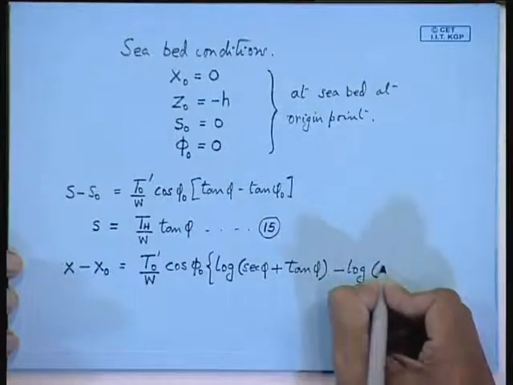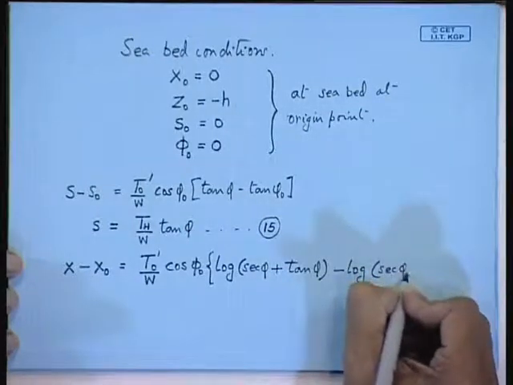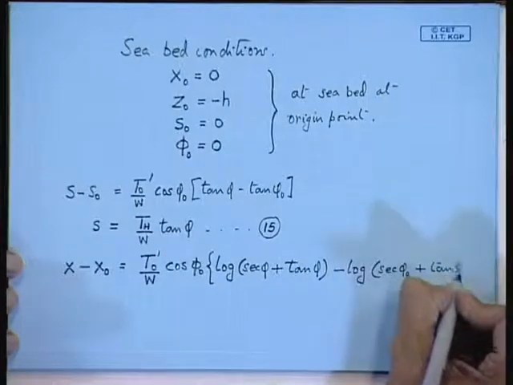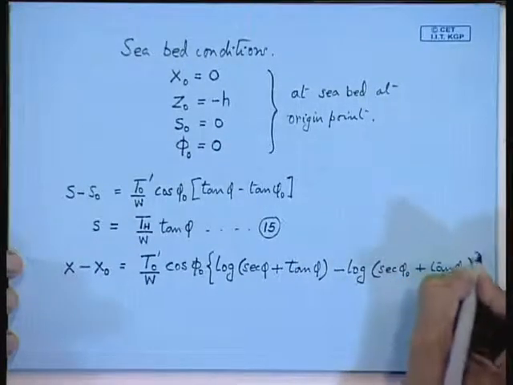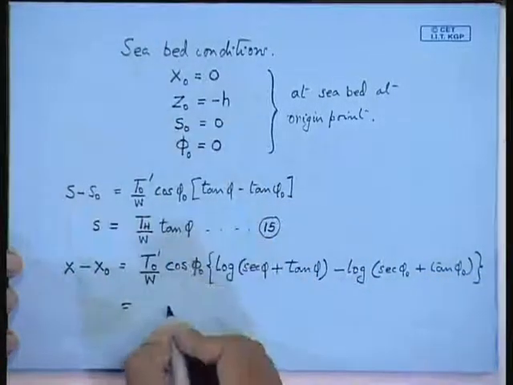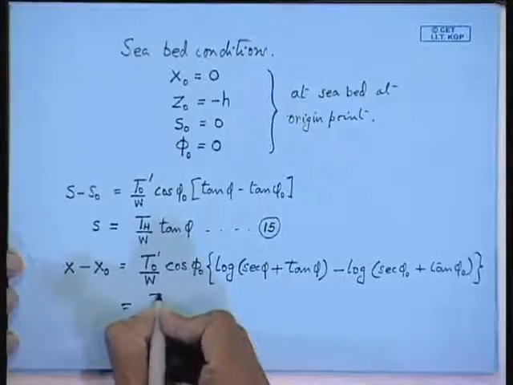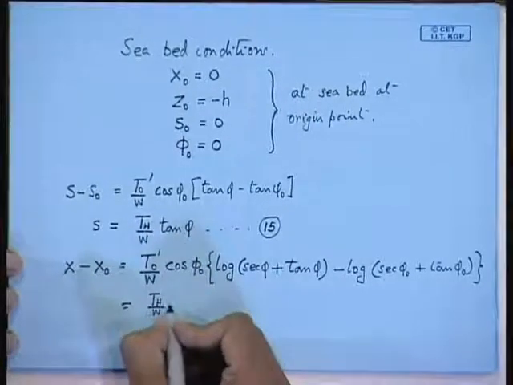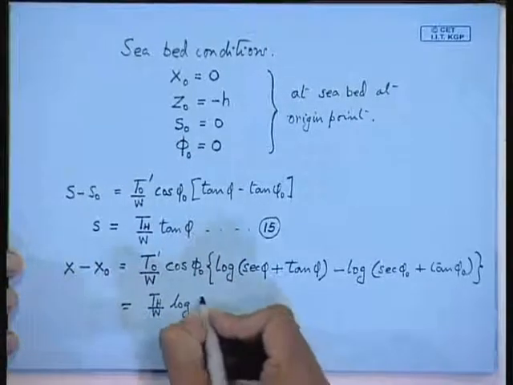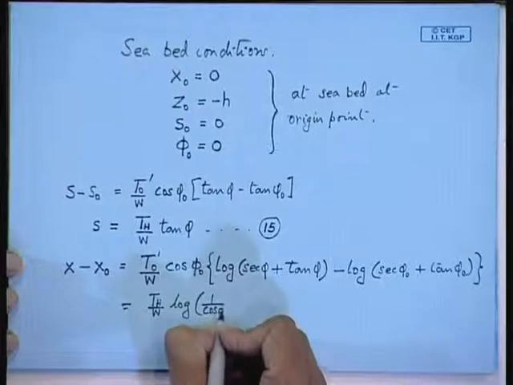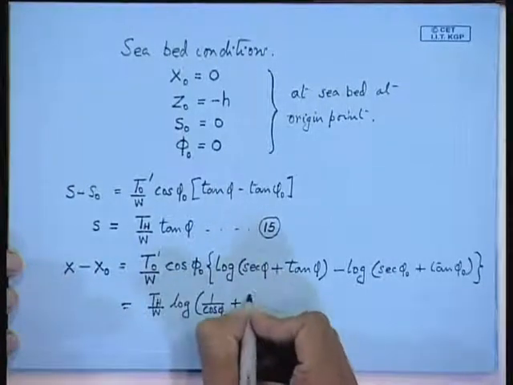So, this is sec phi plus tan phi. We have simplified this with x naught equal to 0. So, this comes down to T h over W, log of 1 by cos phi plus tan phi.